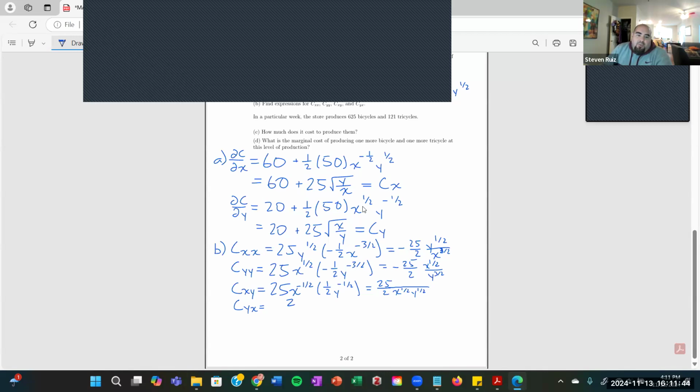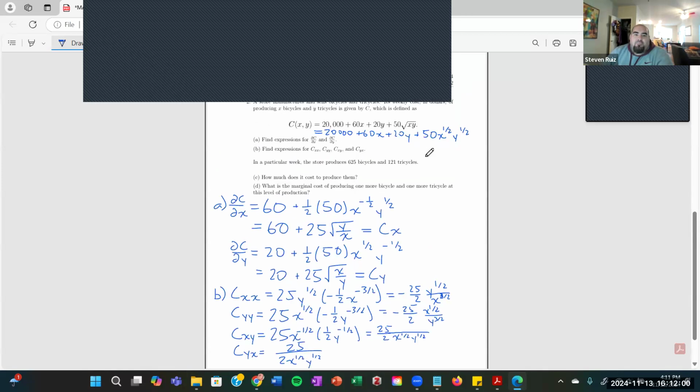So no matter what the order is, including this case here, these mixed partials are going to be the same. So those are the second order partial derivatives. All right, so that's it for A and B.